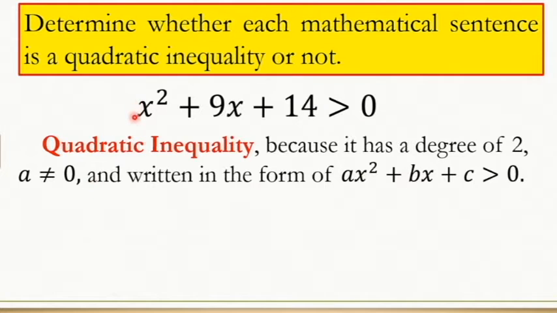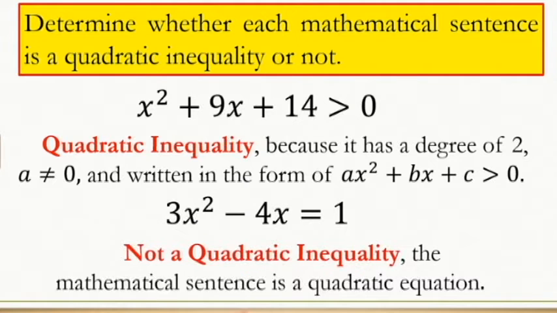Why? Because this is 1. And it is written in the form of greater than. Another, is this a quadratic inequality? No, it's very obvious because the mathematical sentence is just a quadratic equation. Why? Because of our equal sign.